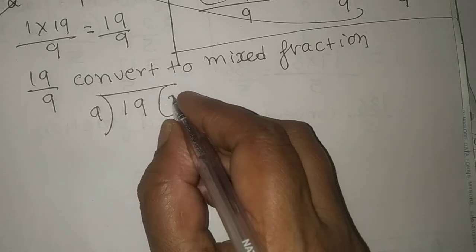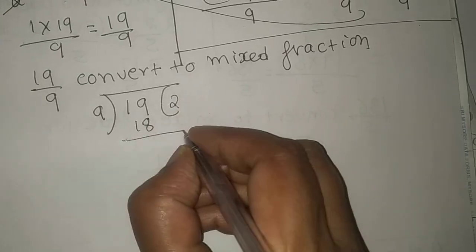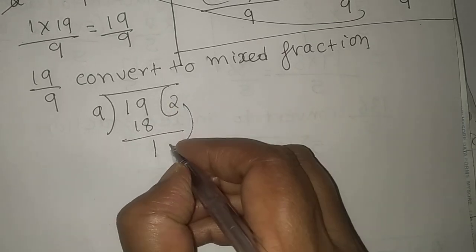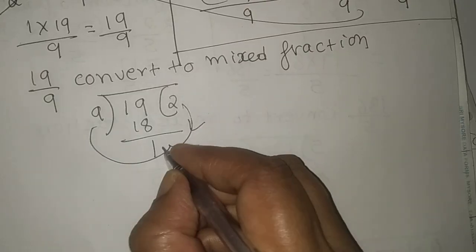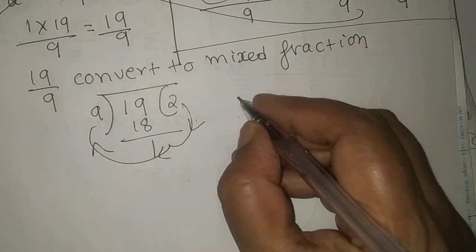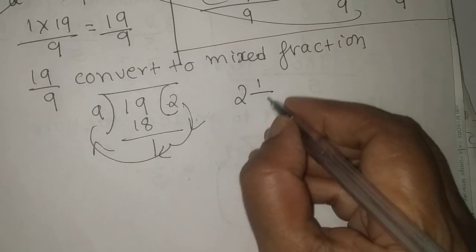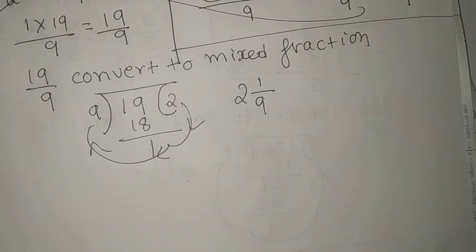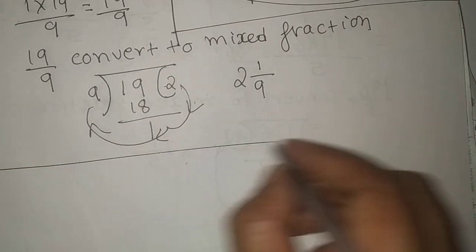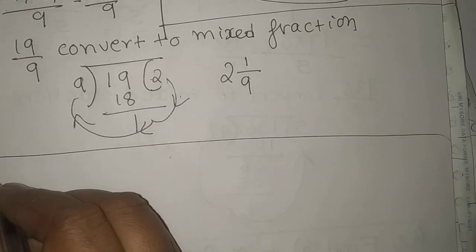Therefore 9 2s are 18, 1 remainder. Write in this form. Therefore first write 2, then write 1, then 9. This is the solution for question 7 second problem.